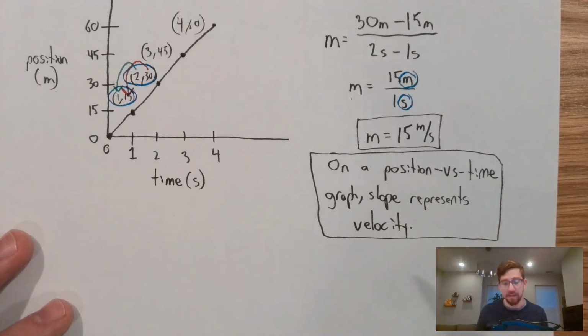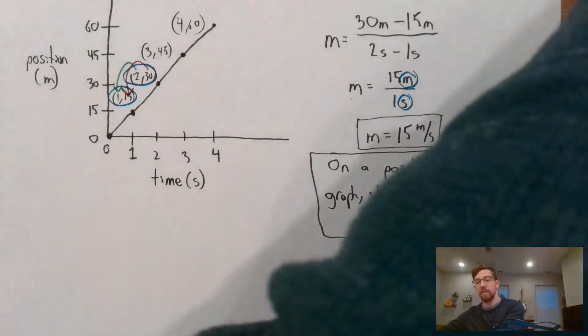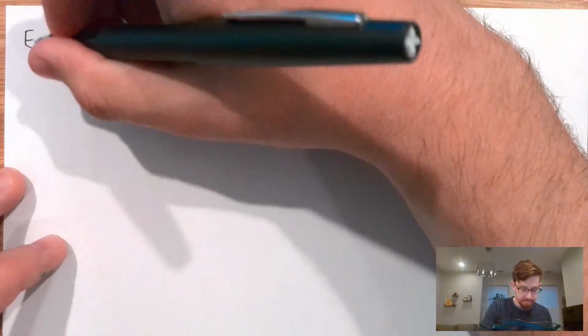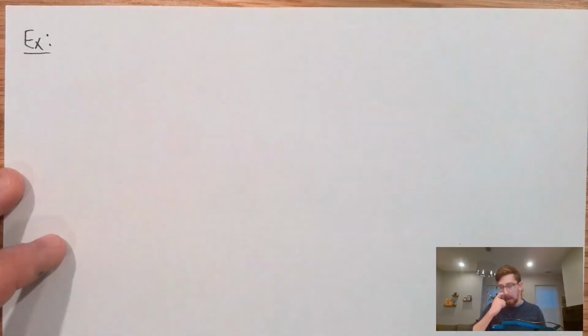And for velocity versus time graphs, we'll have something different. We're going to calculate area and slope on this graph, so you might want a fresh page. You might be writing small. Okay.